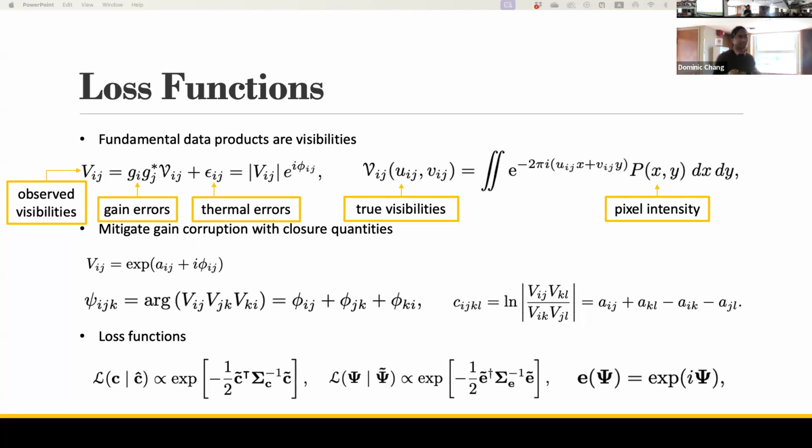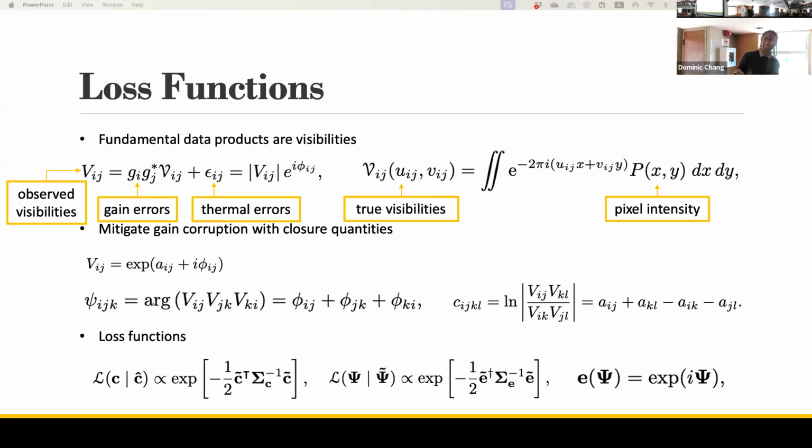The gain corruptions have a form that's well understood. They tend to arrange themselves in this way. They're essentially just some 2x2 complex matrix, and they interact with the visibilities like this. But the thing that's beneficial about visibilities is that you're able to construct quantities called closure quantities, which allow you to mitigate these gain corruptions.